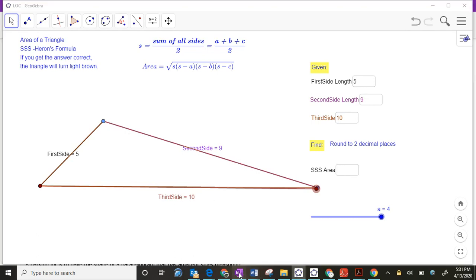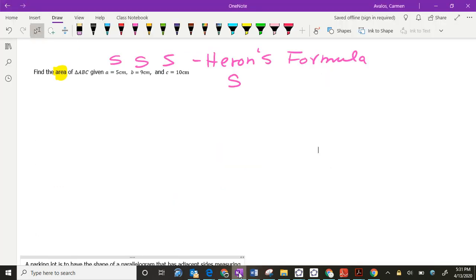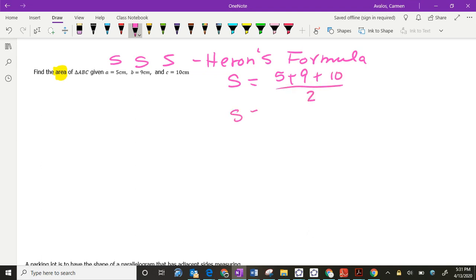So going back here to show the work, when we have Heron's formula, we're going to find S. Well, we know that we have 5 plus 9 plus 10 all divided by 2. So when you calculate it, you're going to get your S to be 12. So that's what S is. And then we're going to put it in to find the area.